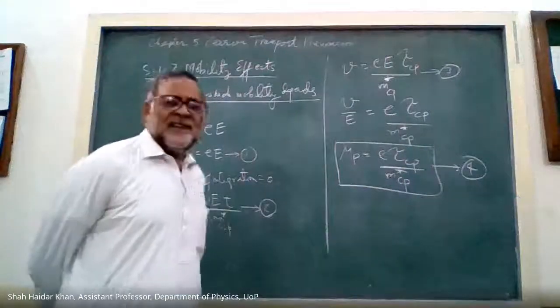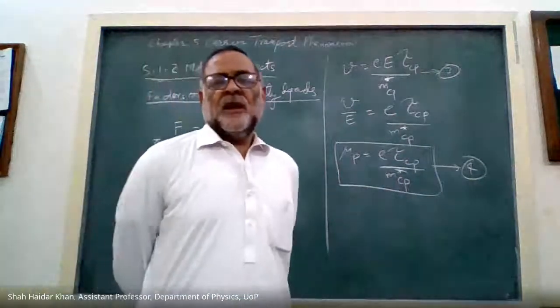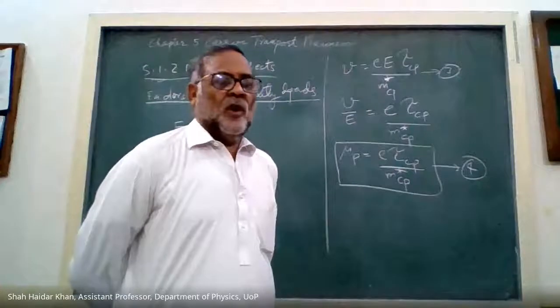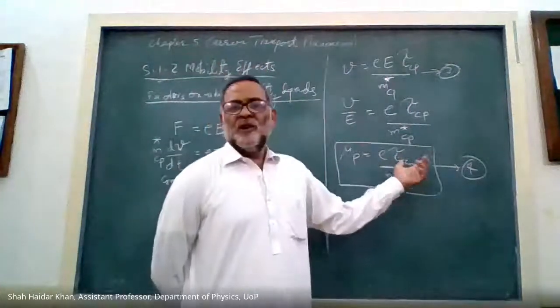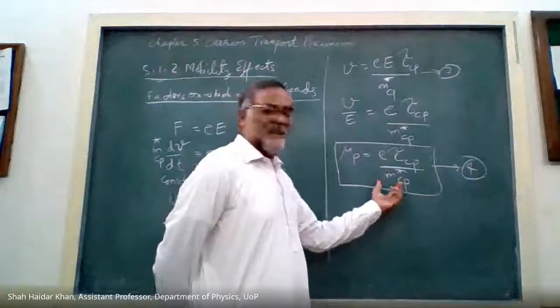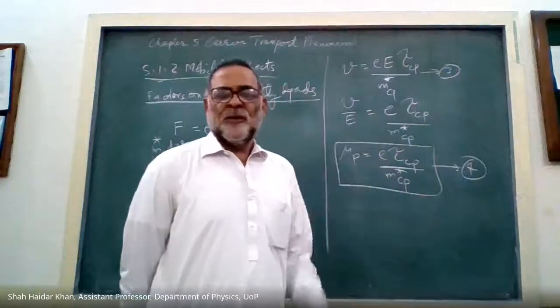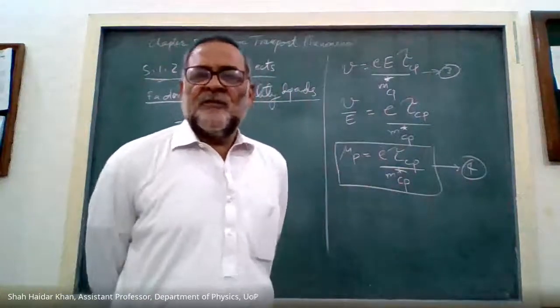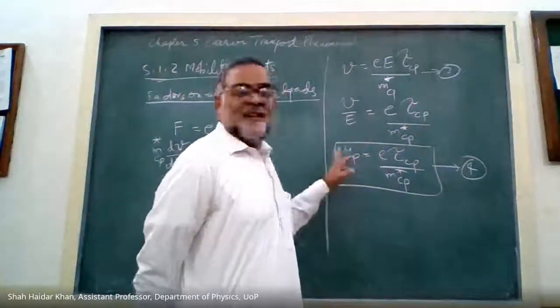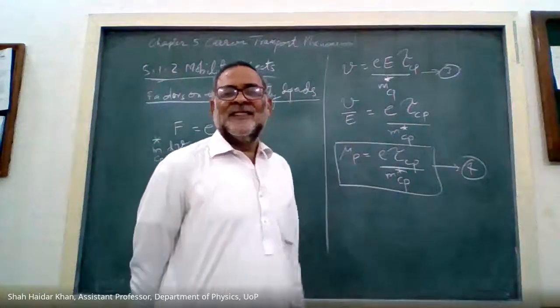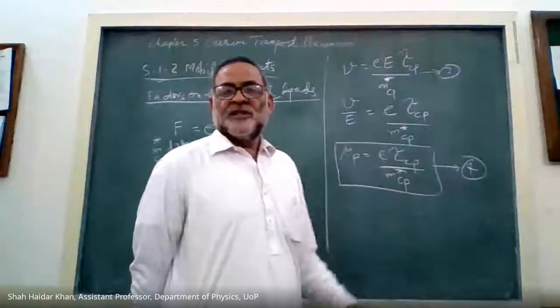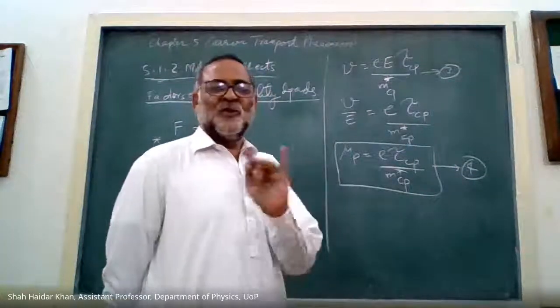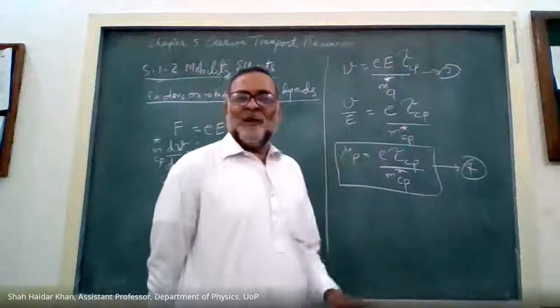So the mobility here is a function of the average time of collision, as well as a function of the conductivity effective mass. Greater is the conductivity effective mass, smaller will be the mobility. And greater is the time between two collisions, greater will be mobility.